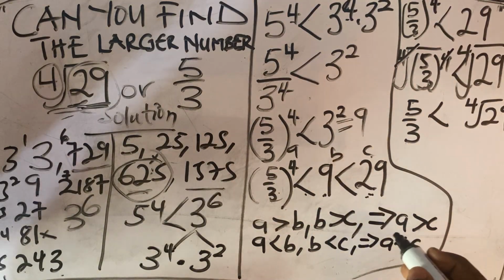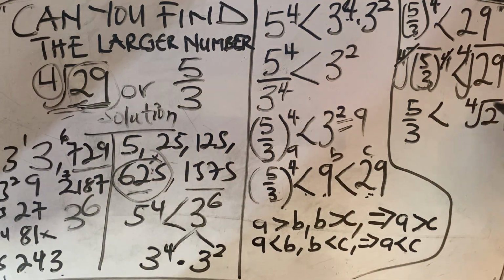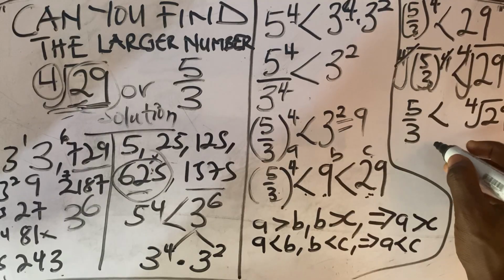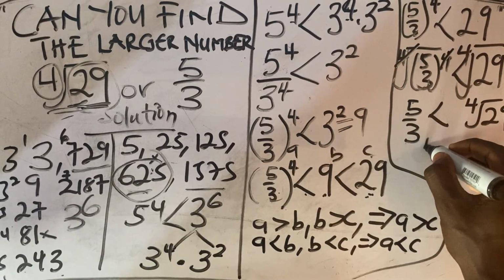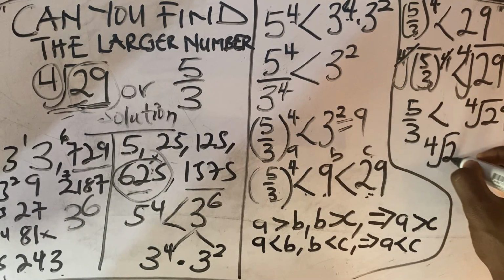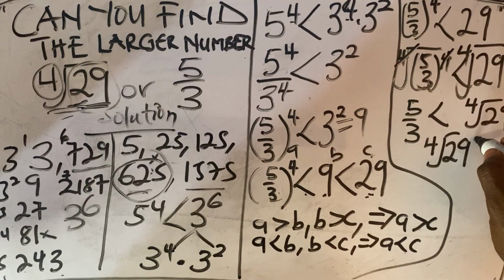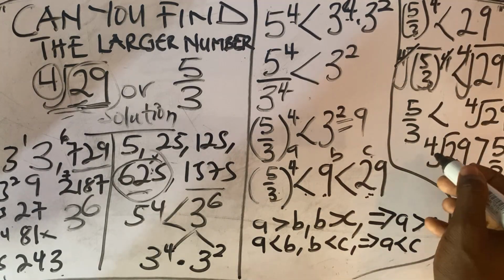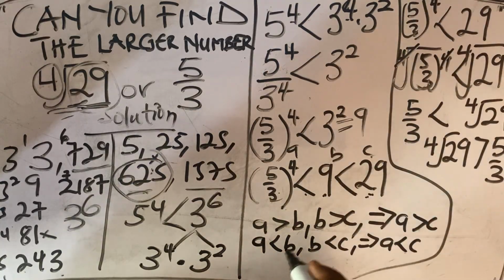So this is what I have. Now from here, if we turn this around, you realize that the 4th root of 29 here will be greater than 5 over 3. So therefore we have the 4th root of 29 here being greater than 5 over 3.